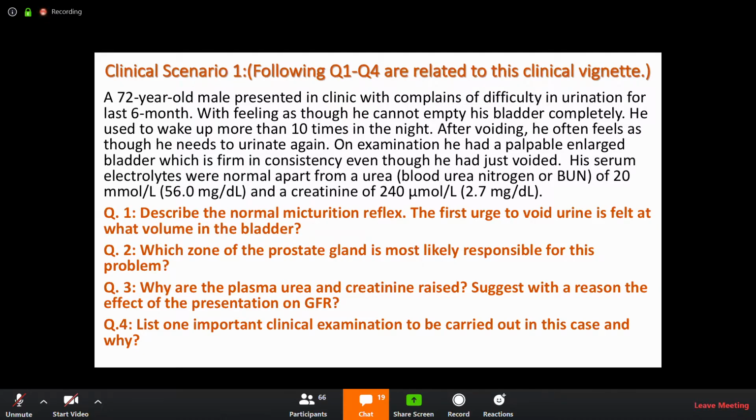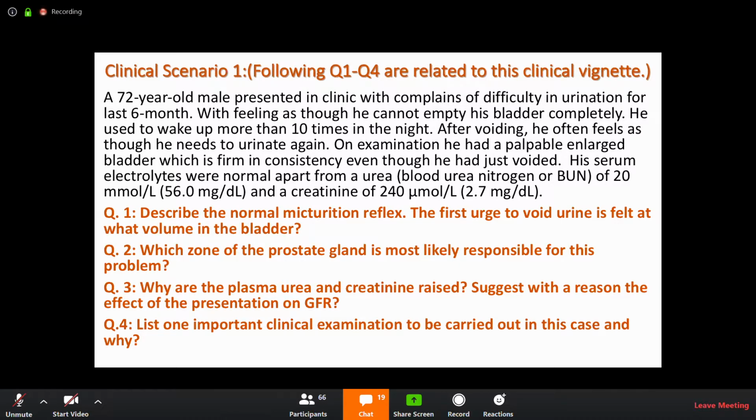Let me go back to the scenario. It says on examination he had a palpable enlarged bladder, which is firm in consistency, even though he had just voided. I hope the class understands what the word voided means, as Dr. Abdulahad pointed out, how much urine is released from the body during voiding.